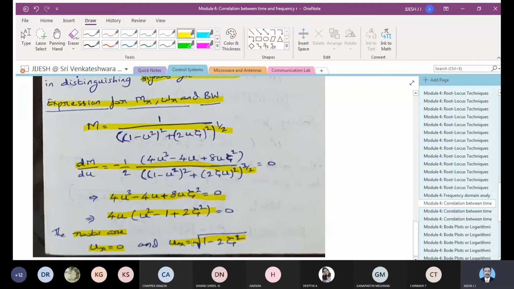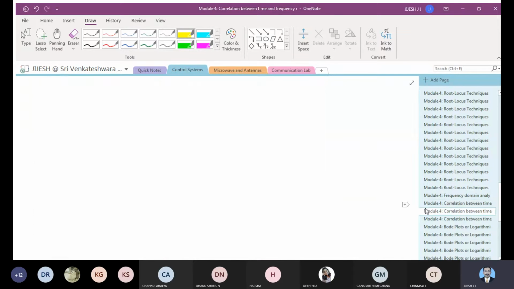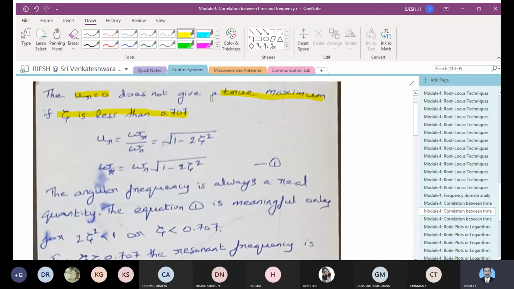These are the two roots you got here. But when ur is equal to 0, it does not give a true maximum if the zeta value is less than 0.707. So we take the other one, that is ur is equal to root of 1 minus 2 zeta square.